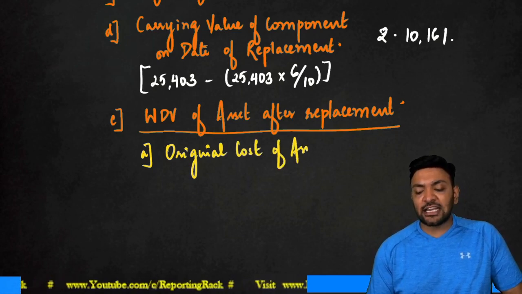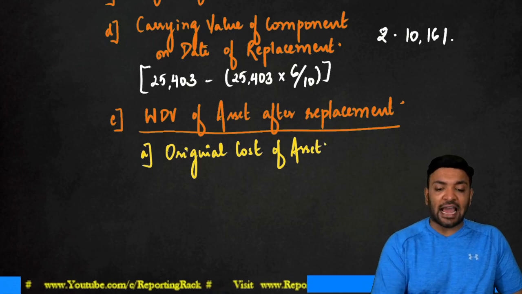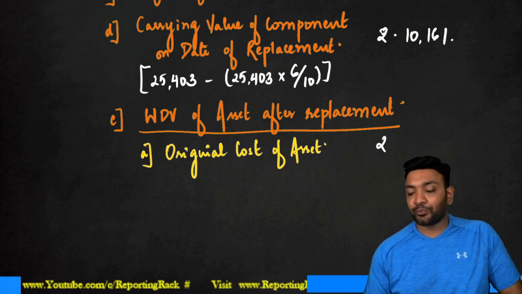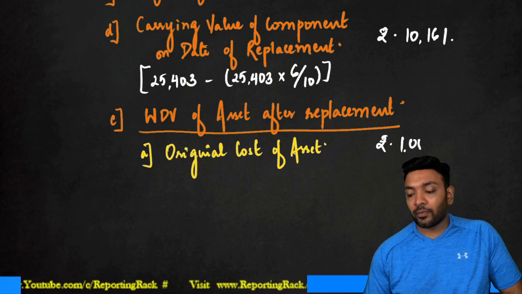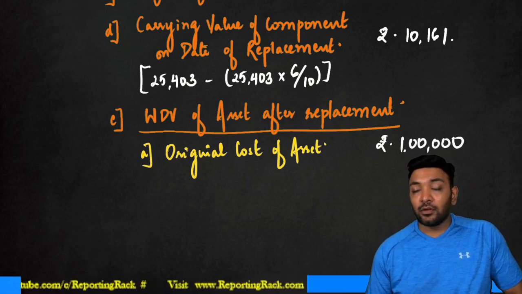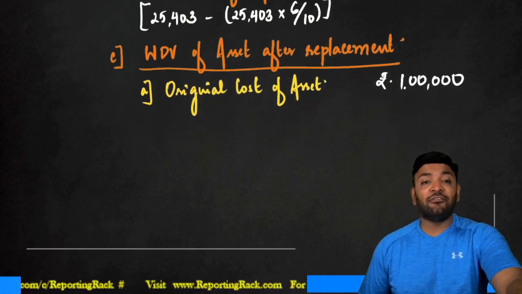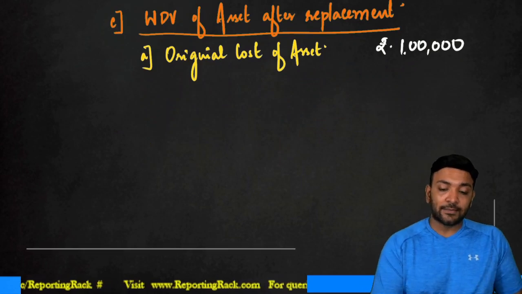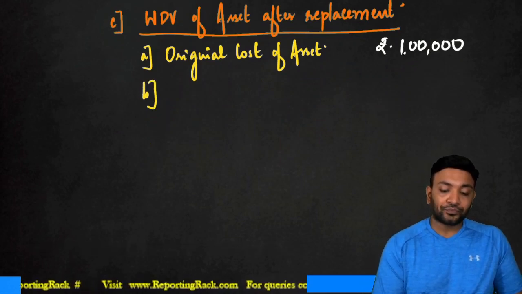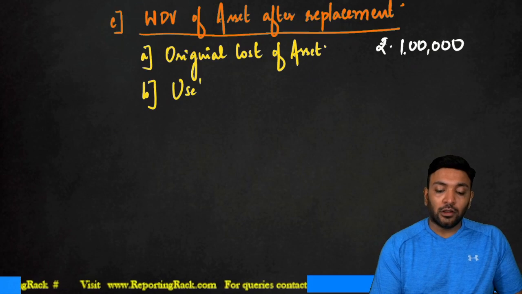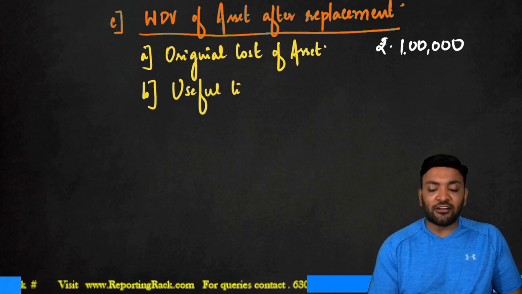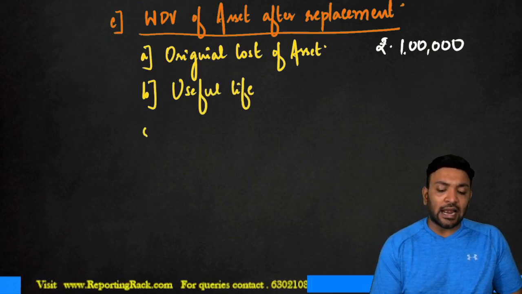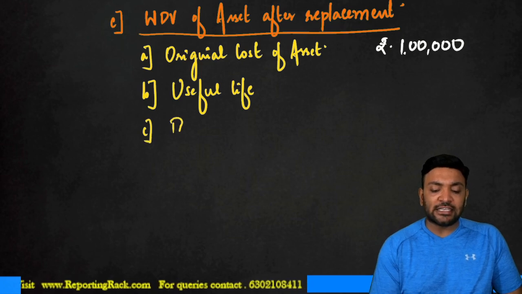What is the cost of the asset? Originally 1 lakh. What is the useful life? 10 years. If you know the useful life estimate, then you can identify the amount of depreciation per annum.